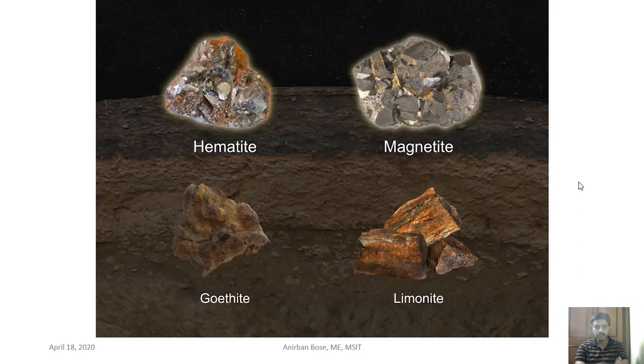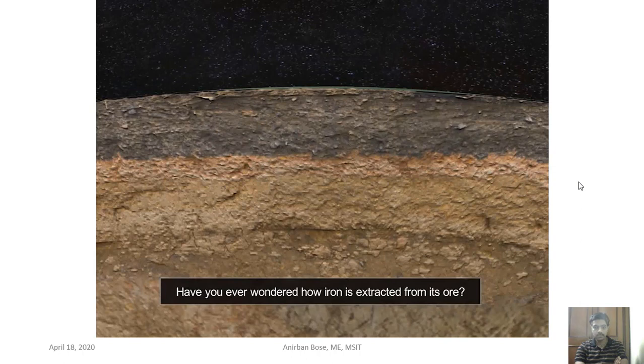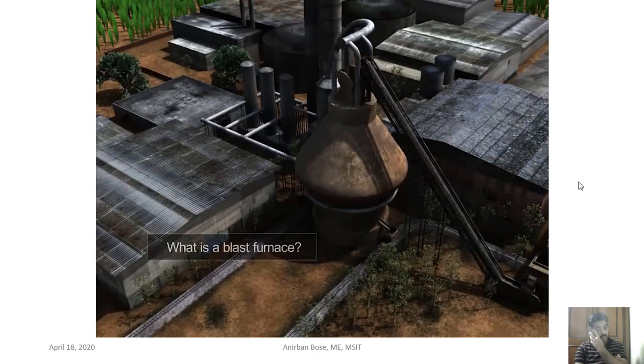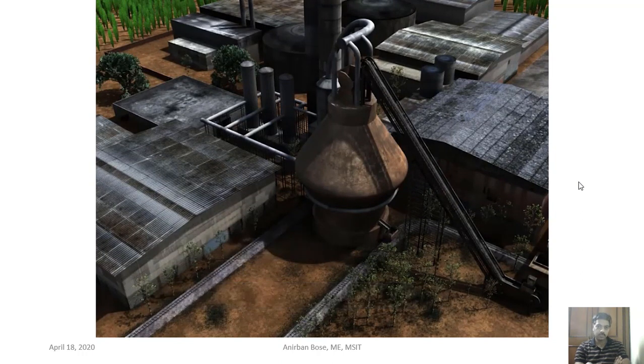Hematite and magnetite are the main ores of iron. Ores are obtained from the earth by mining, and iron is extracted from them. Have you ever wondered how iron is extracted from its ore? Iron is extracted from its ores in a blast furnace. What is a blast furnace? How is iron extracted using a blast furnace? Come, let us find out.